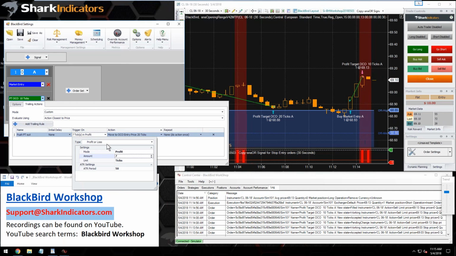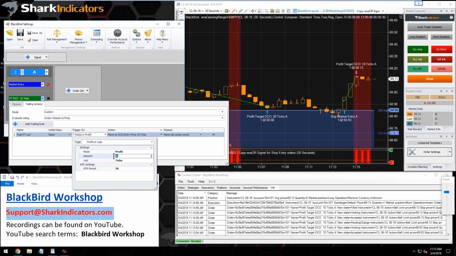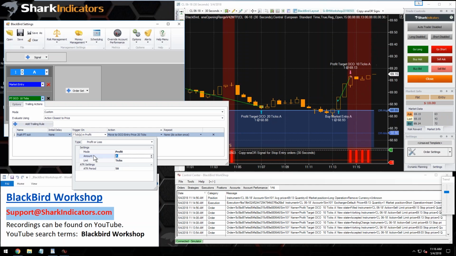If we had the ability to reference the profit target's relative price, then we could set up a trigger so that every time the market got close to the profit target's price, we could keep incrementing the profit amount and use the repeat to keep moving it. But since we're having to put in fixed values here, this is a workaround for now to be able to move your profit target out when price gets close.